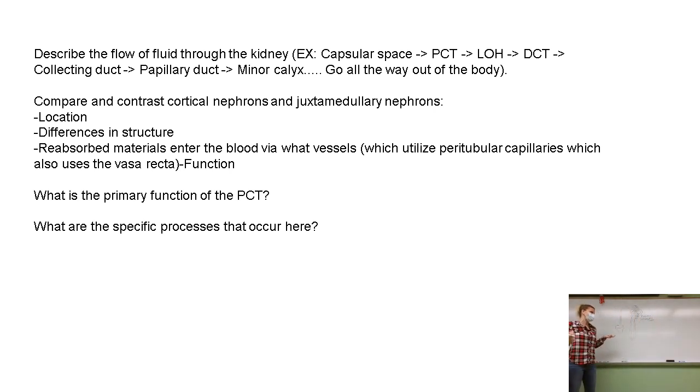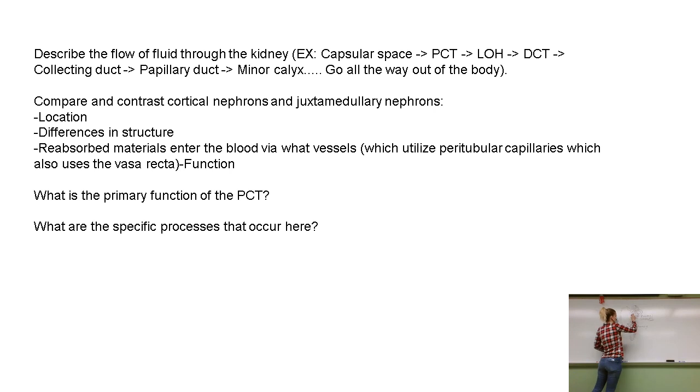Again, we typically will just say the PCT or the DCT, but you guys need to be able to write it out. You need to know the actual name. So the fluid's going to go through the proximal convoluted tubule, then it's going to go through the nephron loop. That nephron loop has a descending limb, the part that goes down, and then the ascending limb, the part that goes back up.